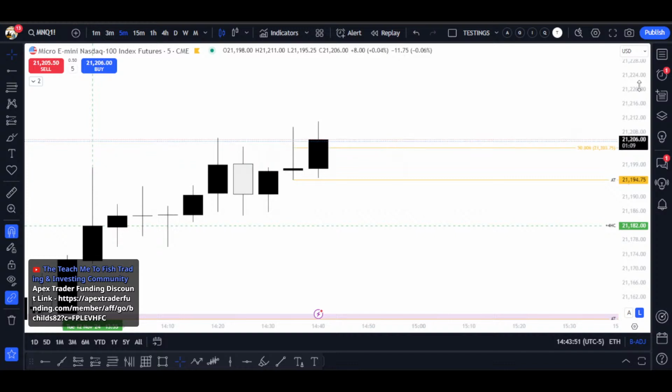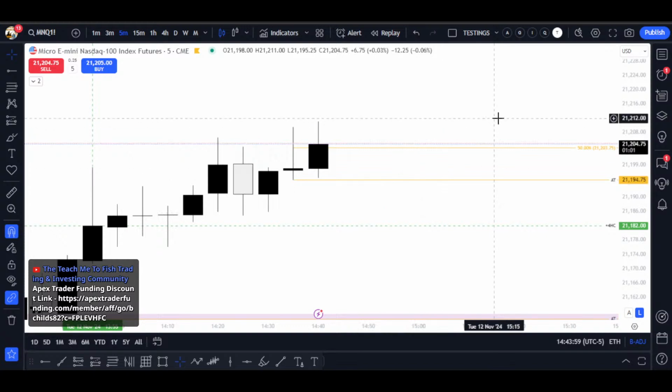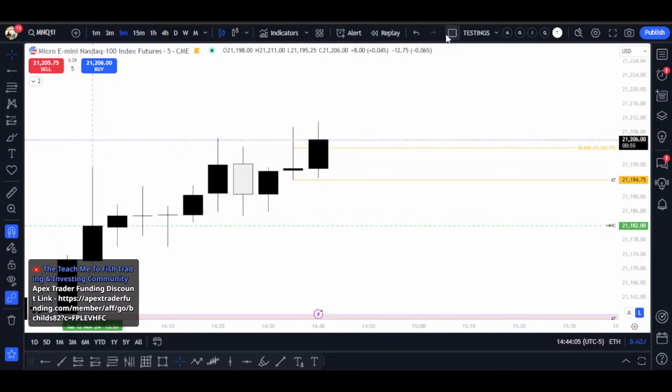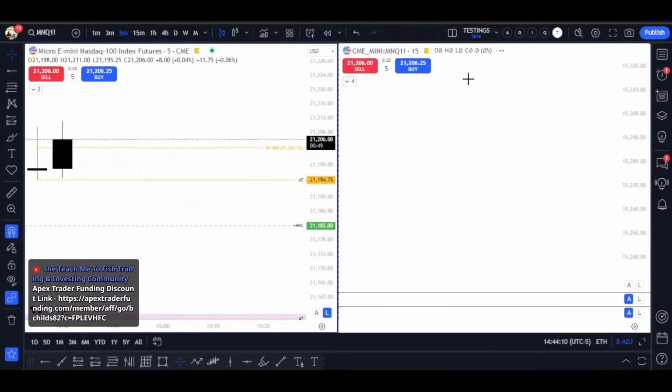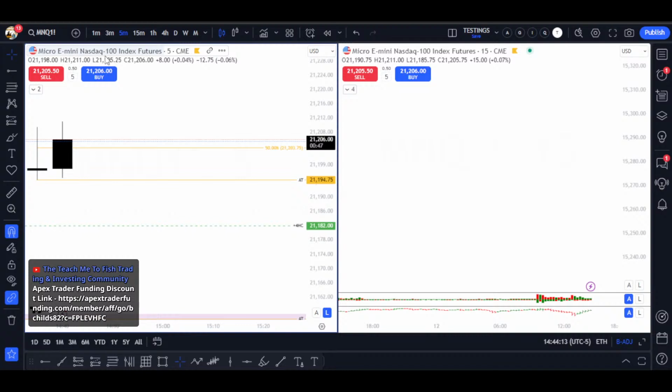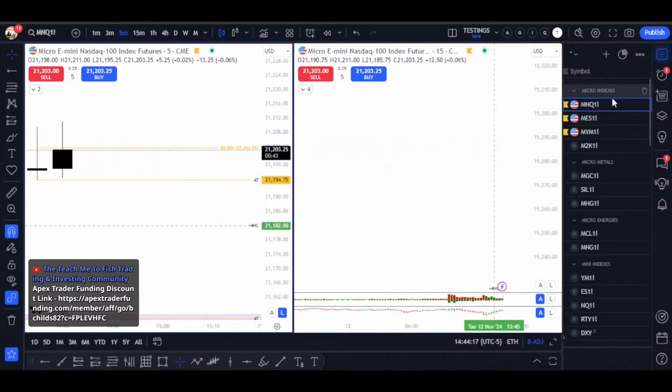And then 10 seconds left in this 5 minute candle. Let's see what it is. Just want to see here while we're still waiting.